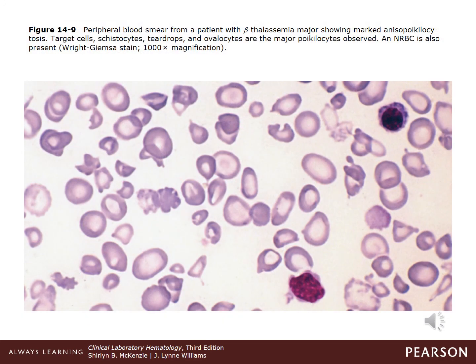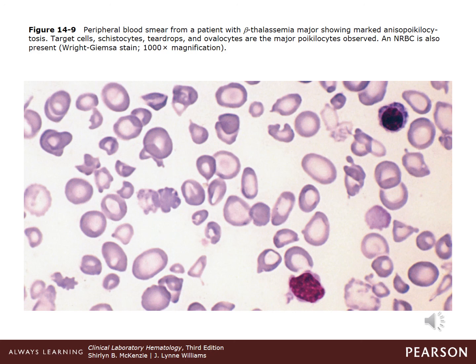So here is the peripheral smear of a patient with beta thalassemia major, where hemoglobin can drop to as low as 2 to 3 grams per deciliter. Definitely a microcytic hypochromic type of anemia where the MCV can be as low as in the 60s. The peripheral smear here, you're seeing that there is a great variation of anisocytosis and poikilocytosis.